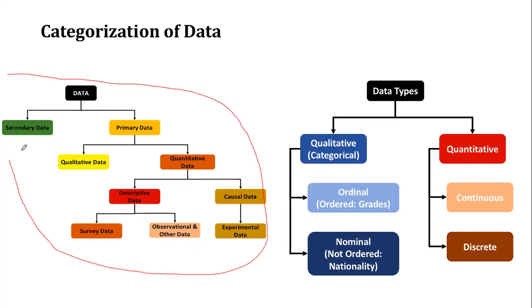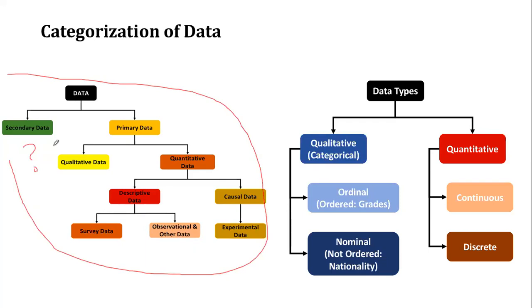So let me explain what is secondary data first, right? Secondary data, you find in most of these published books or articles. For example, if you take annual reports of companies, that is a source for secondary data, right? For you, it is a secondary data source because you have not collected that data.